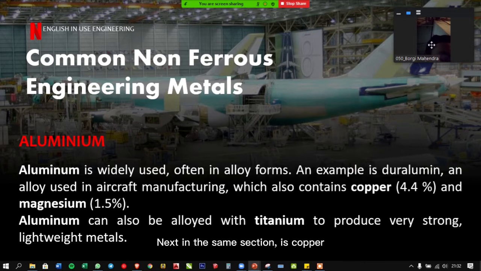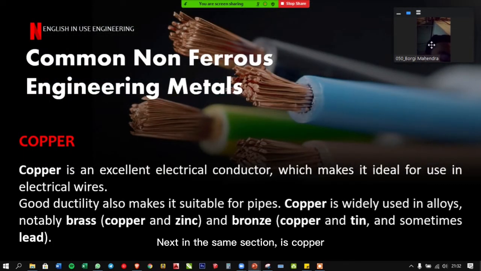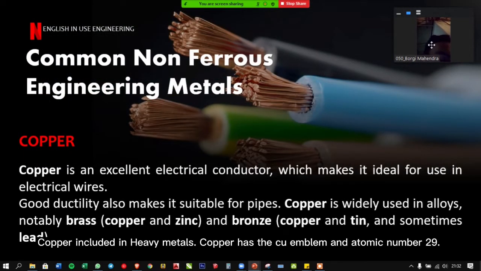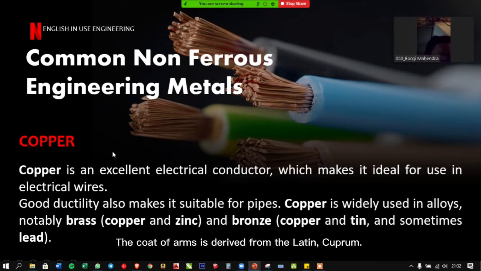Next, in this section is copper. Copper is included in heavy metals. Copper has the symbol Cu and atomic number 29. The symbol is derived from the Latin cuprum.